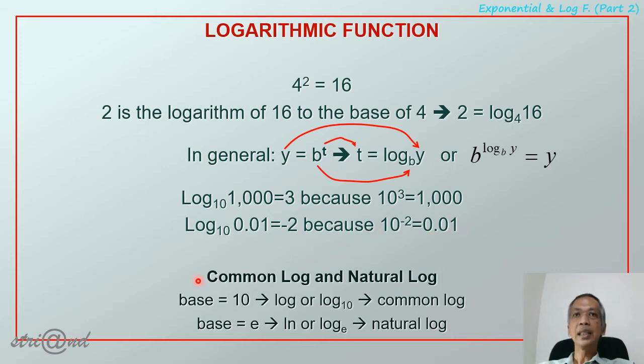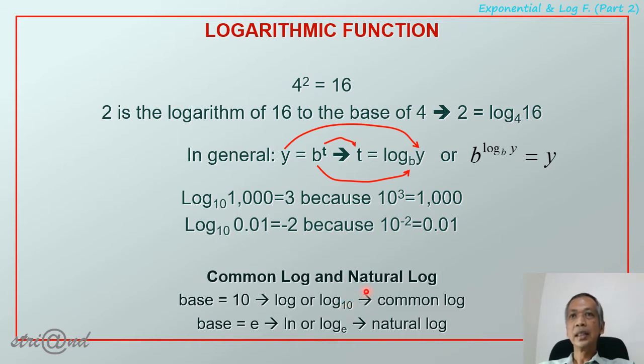If the base in the logarithmic equation is 10, we can write it as log without any information about the base. If we do not find the base here, usually we assume that the base is 10, or sometimes it is also written with the base, the logarithm of something to the base of 10.